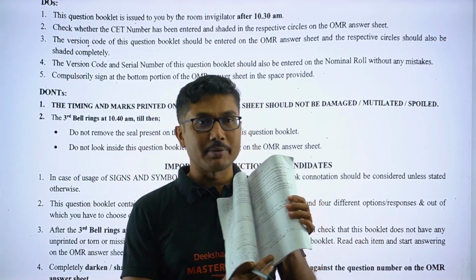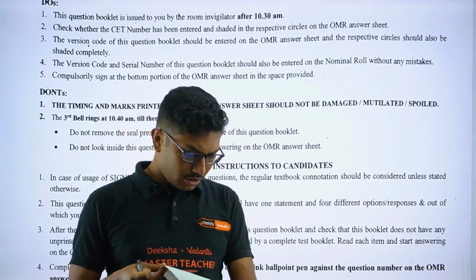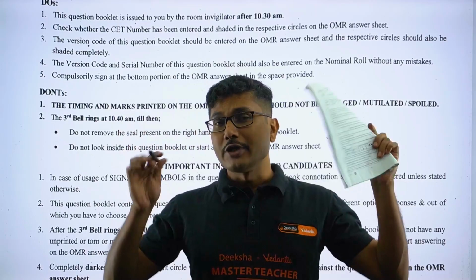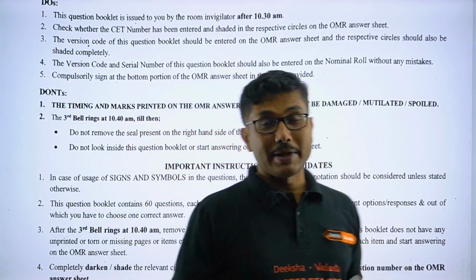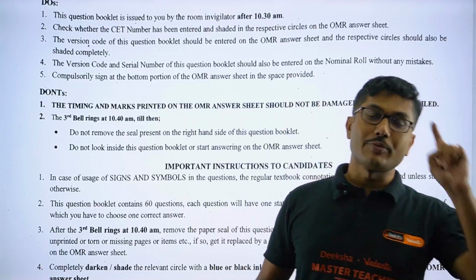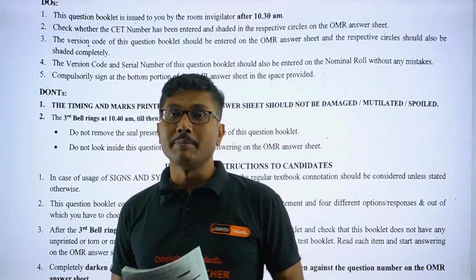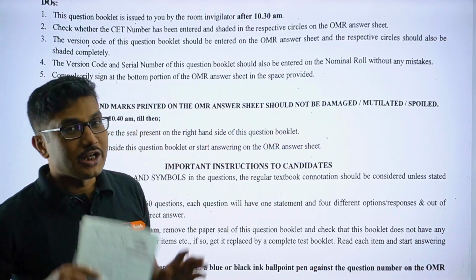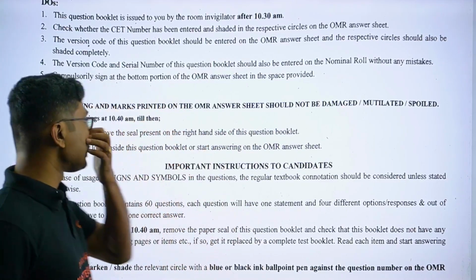You have to check if all the page numbers are there or not. If any page is torn or any question page is missing, you have to inform the invigilator, sir, my question paper is incomplete. Then he will replace it with a new paper. This is very important before you start your exam.